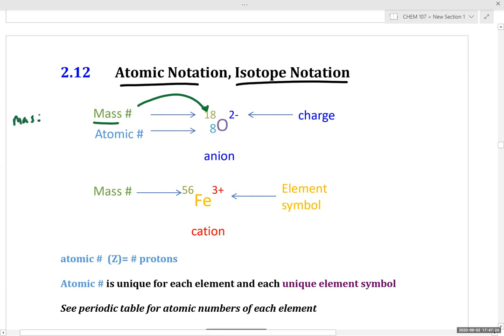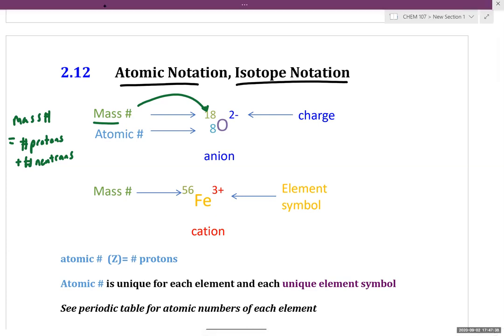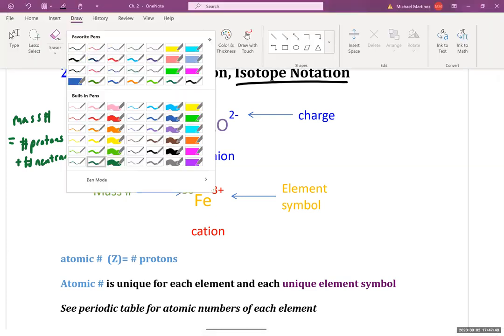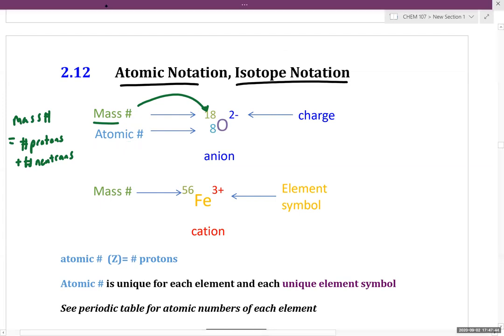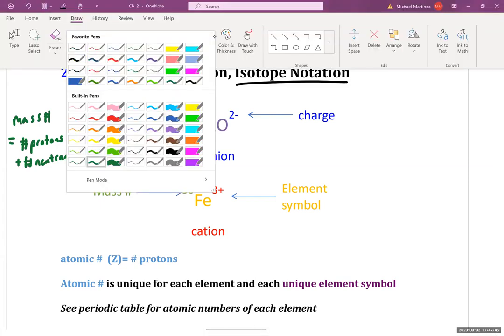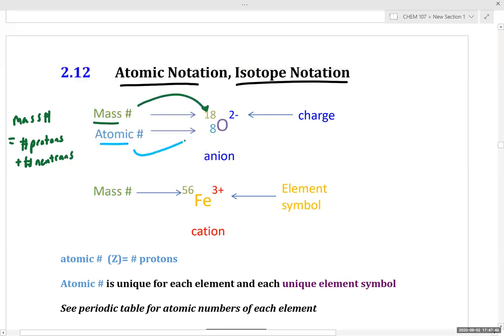The mass number represents the number of protons plus the number of neutrons. And we'll see this again below. The number in the bottom left-hand corner is known as our atomic number. This represents the number of protons.